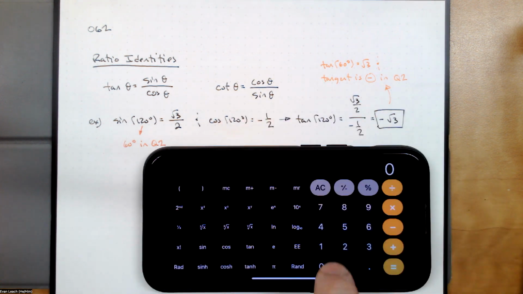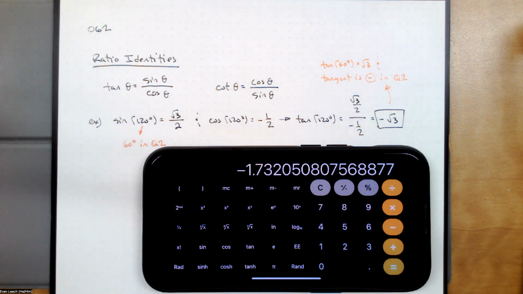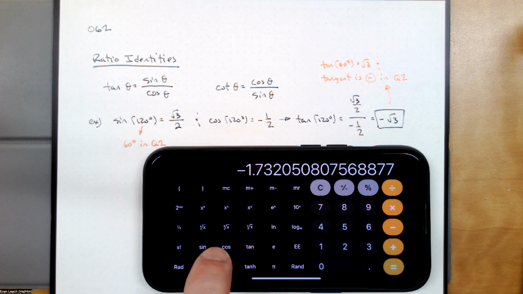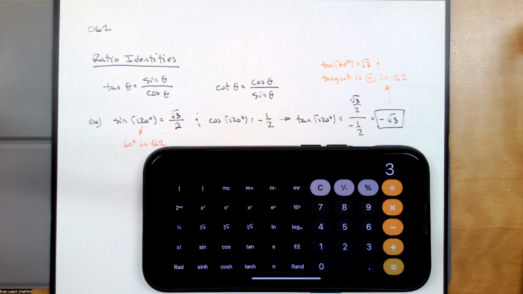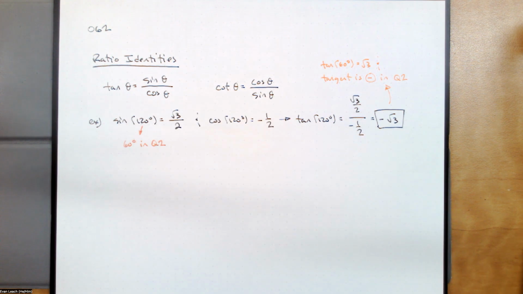We can also check 120 tangent negative square root of 3. Are you sure about that? Let's square it. 3. So that was the square root of 3 that we were looking at. Any questions? Is everybody okay?